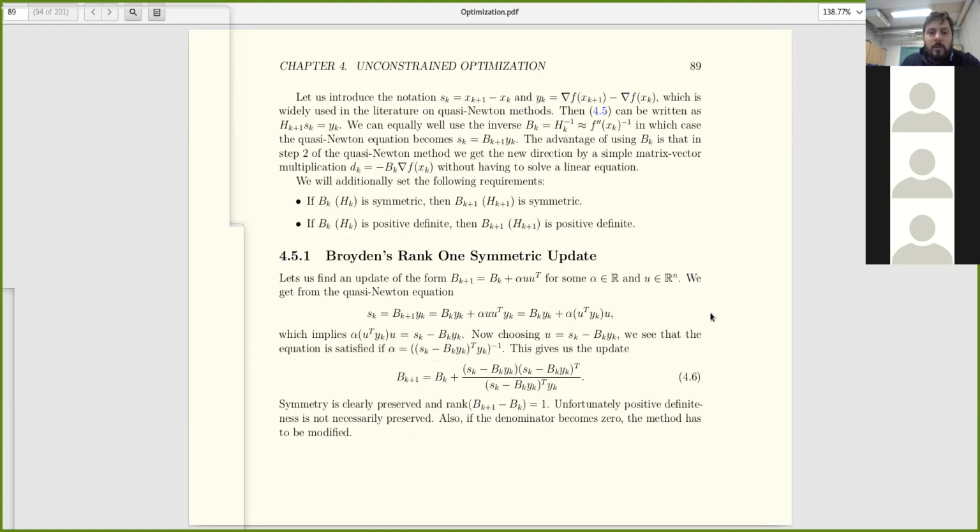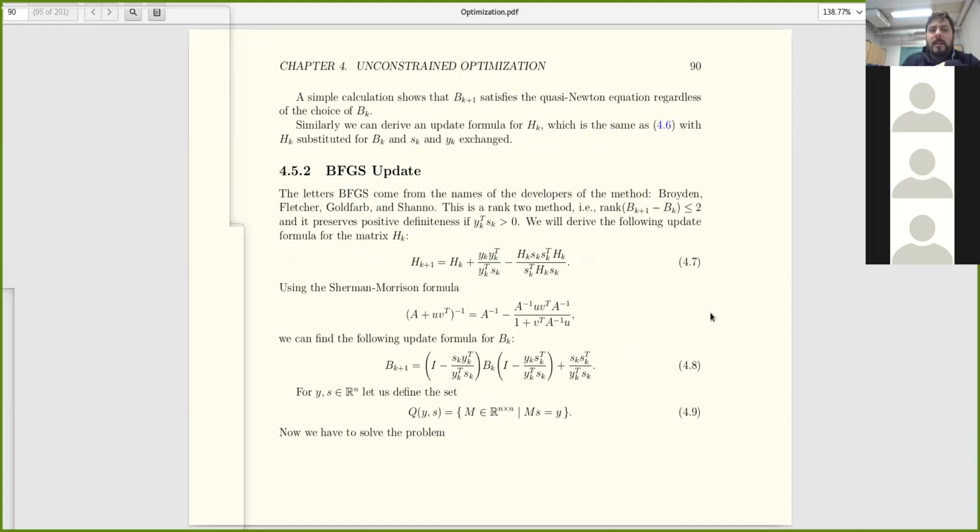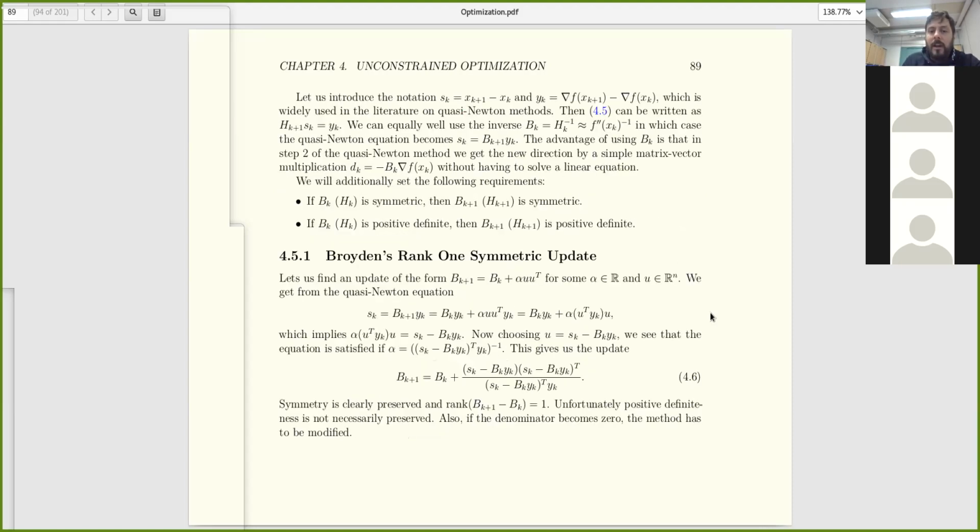These formulas, we can do them. The difference with the Broyden and the BFGS is that the Broyden updates the inverse directly, whereas the BFGS updates the approximation of the Hessian. So we can't directly use this formula. There is an exercise where we do it.